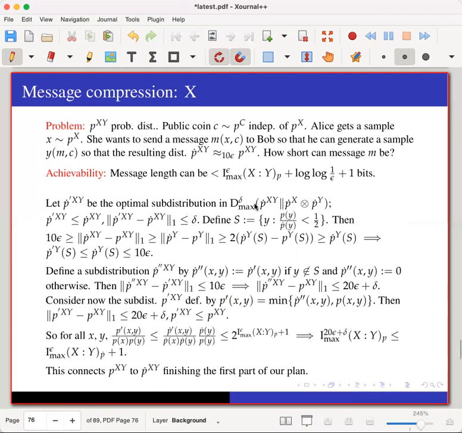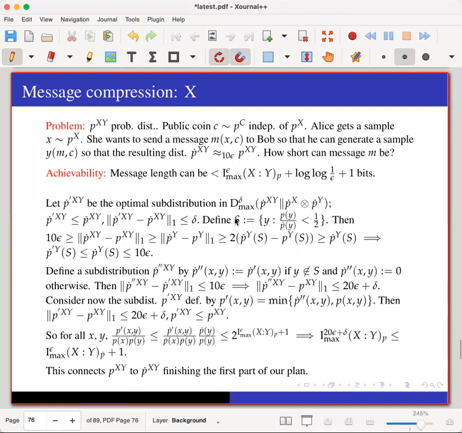Later on we can set delta equal to epsilon, but I just wanted to have a sharper understanding of parameters, so I'm calling it delta. Let P dot prime XY be the optimal subdistribution which achieves this smoothed optimum. I know that P dot prime is less than or equal to P dot by the definition, and P dot prime is delta close to P dot.